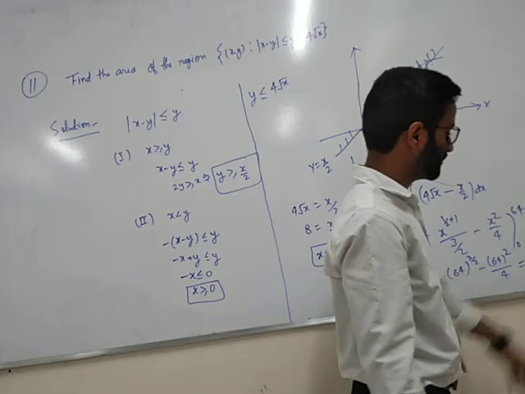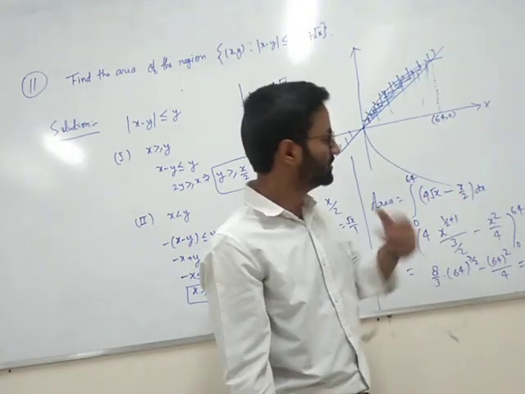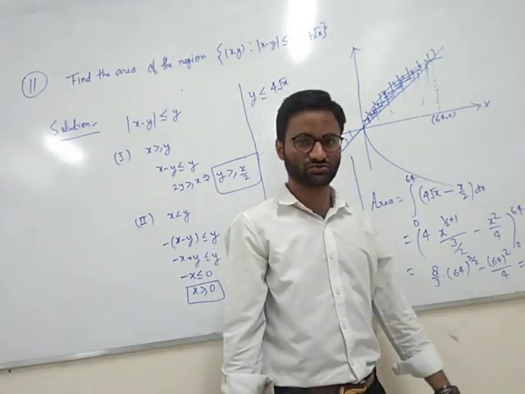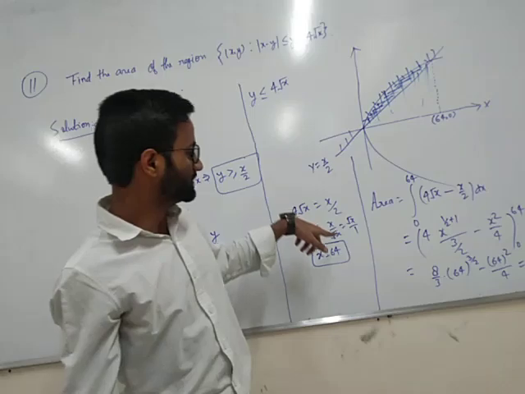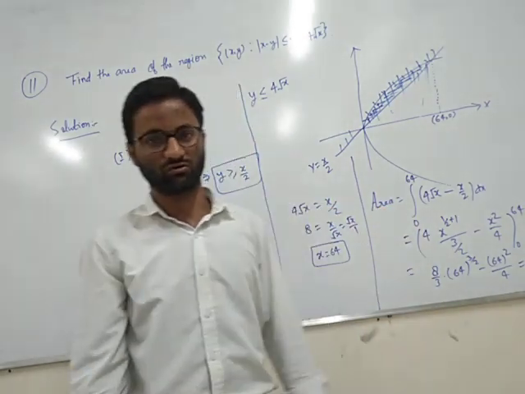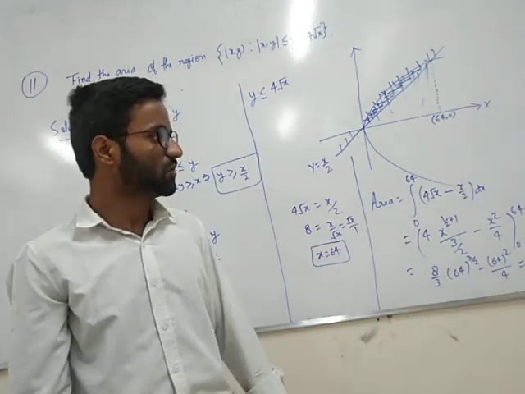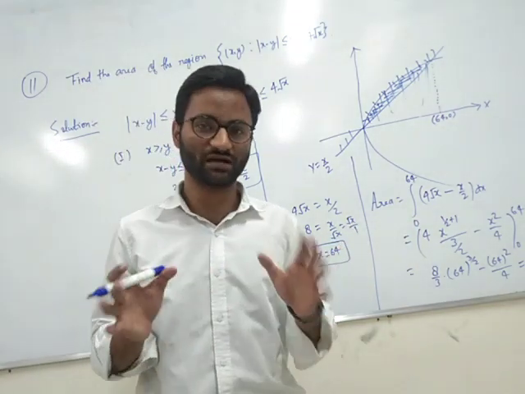And now if we solve it, we get 1024 by 3. Okay. And now I feel that we can solve this question very easily. What is very important is this concept. The remaining calculation you can do by yourself. Okay. So the answer will come 1024 by 3 square units. So this is the final answer.